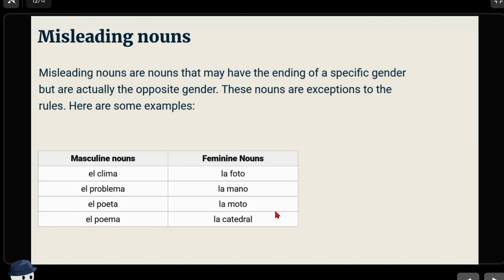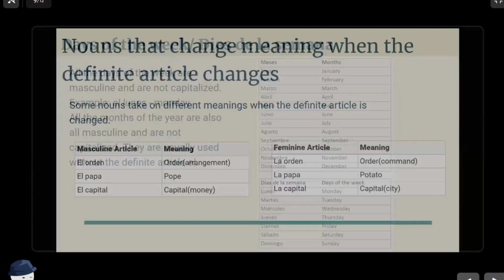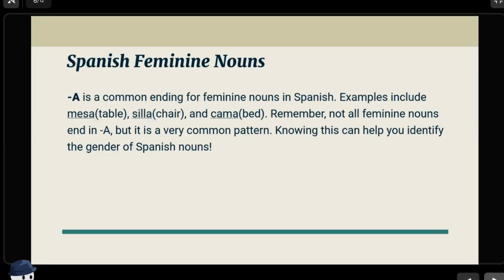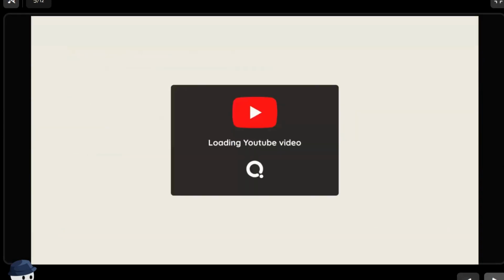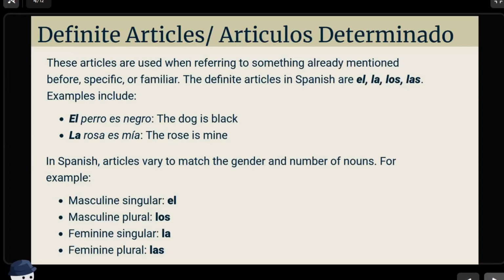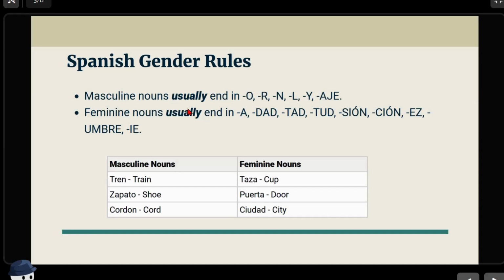What I will say is that the best thing that you can do is to study and memorize the actual. Let me run through here. My bad. Okay, so go ahead and study the endings.